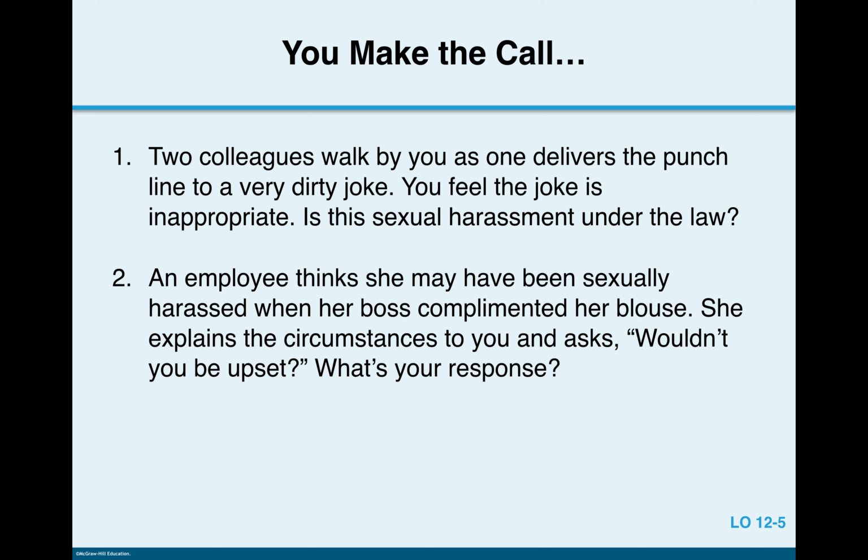If the boss was very specific about the blouse and maybe complimented it on her figure or something like that, then yes, that would probably be sexual harassment. If he simply said something like, oh, I like your blouse, I really like that color, that probably wouldn't be considered sexual harassment in that situation. If you feel like something is borderline, you can always go to HR, and they'll be able to help you walk yourself through it.